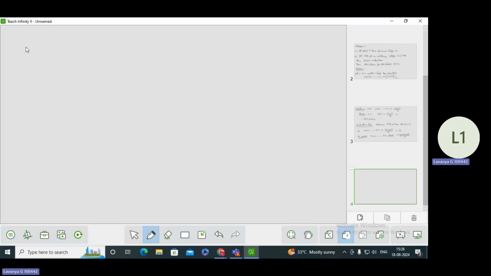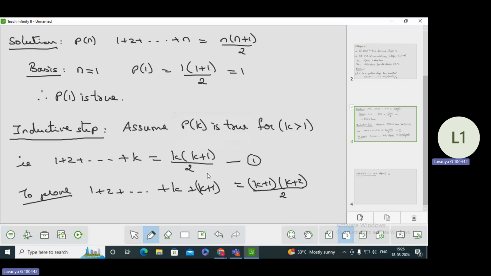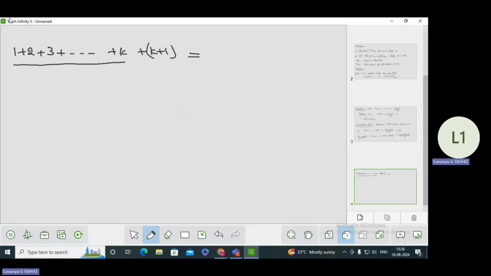So let us consider 1 plus 2 plus 3 plus etc. plus k plus 1. I am considering my left hand side series. Now what I am going to do with this, I am going to club the first k terms and substitute this with equation 1. What is my equation 1? My equation 1 reads 1 plus 2 plus etc. k is k into k plus 1 by 2.